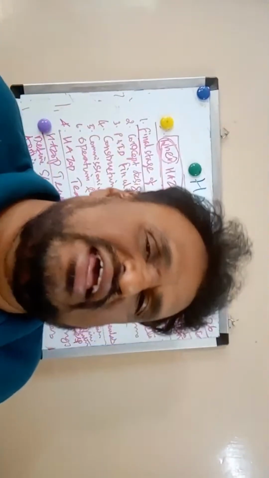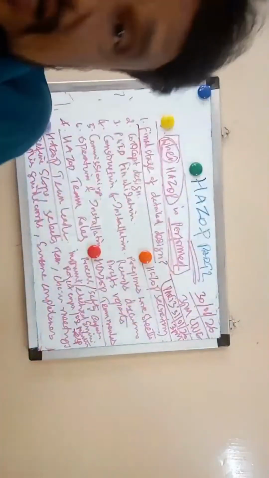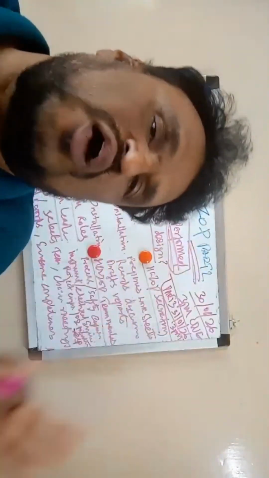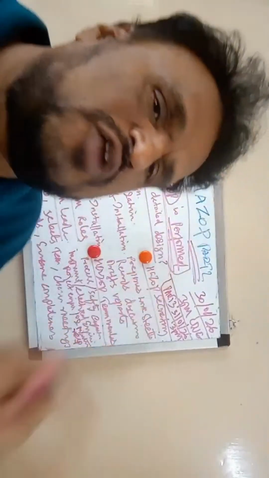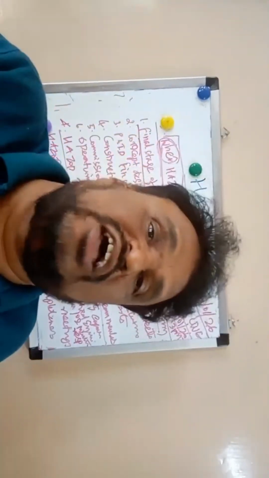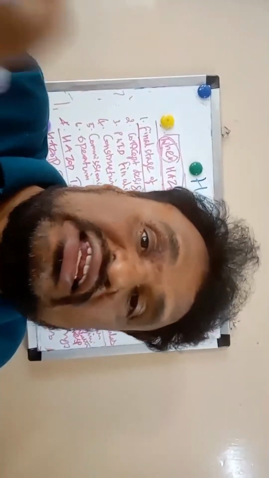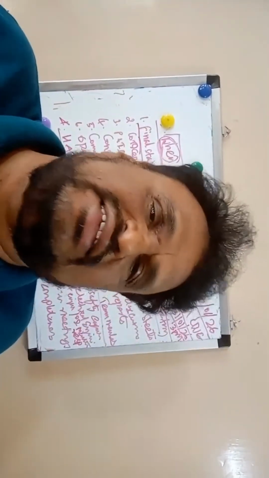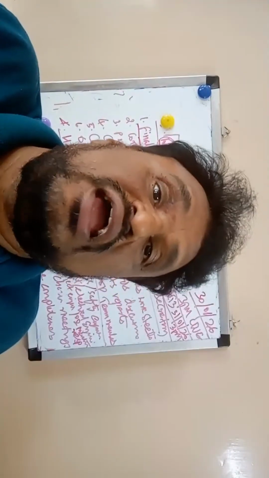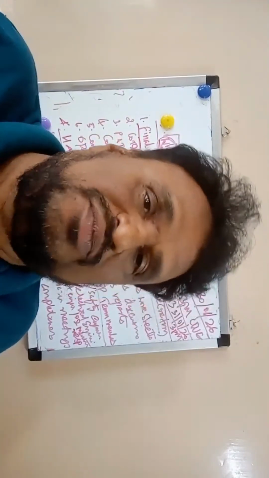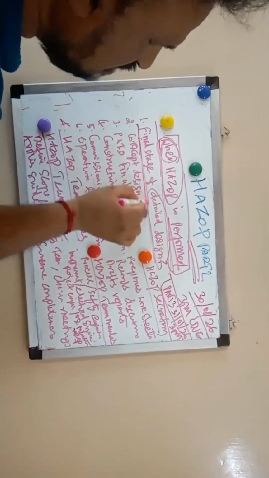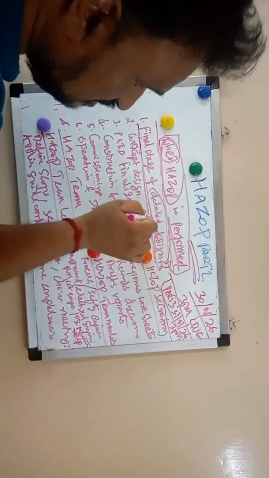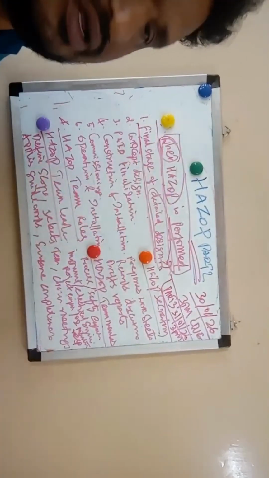So in the construction of this process plant, HAZOP needs to be performed at the final stage. Why the final stage? To find out any hazards or operational design issues. Anything that is there may be identified through the HAZOP. That's why it is performed at the final stage of detailed design.